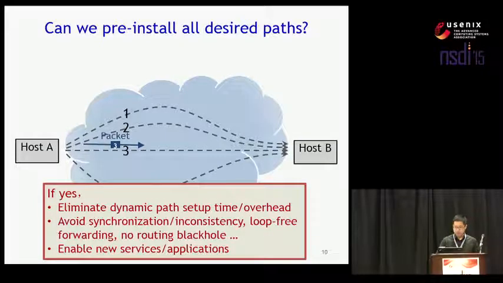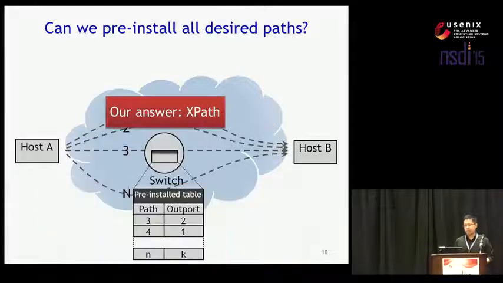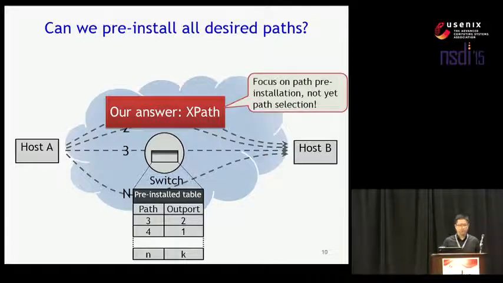In this work, we give a positive answer to this question by introducing XPath, which leverages existing commodity switches to pre-install all the desired paths in the network. Before we go into detail, we want to make it clear that XPath is all about how to pre-install all the paths.